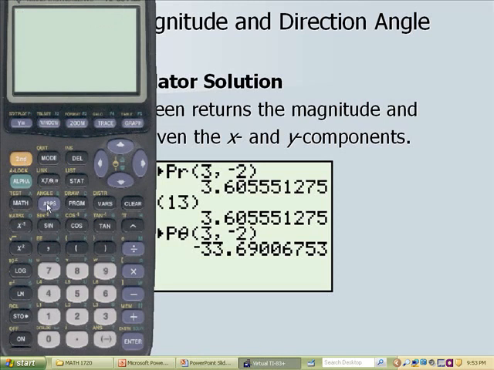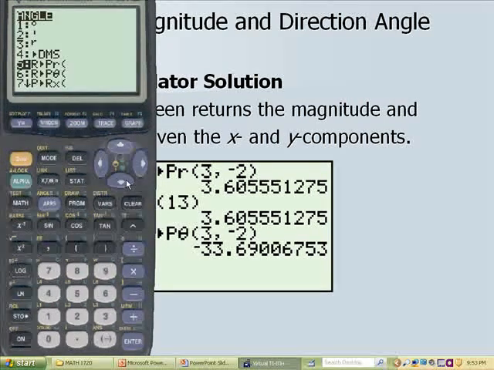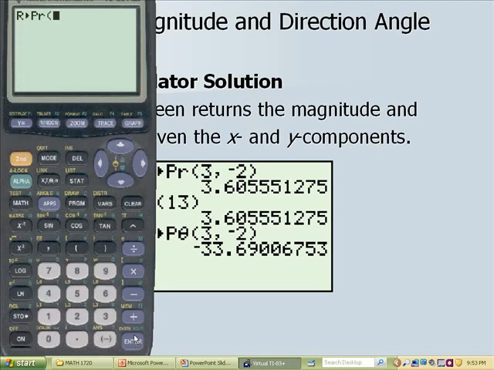So we press second and apps, and then go down to number 5. That gives us our magnitude. All we have to enter is our vector components. So we have 3, negative 2, and hit enter. And we see, if we compare this to the square root of 13, that it is the same.